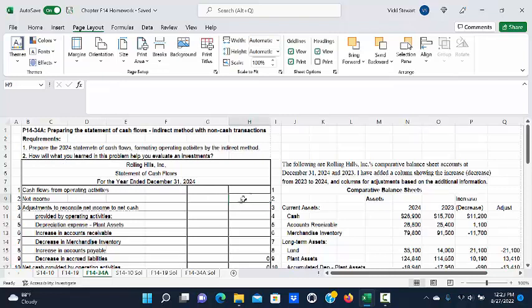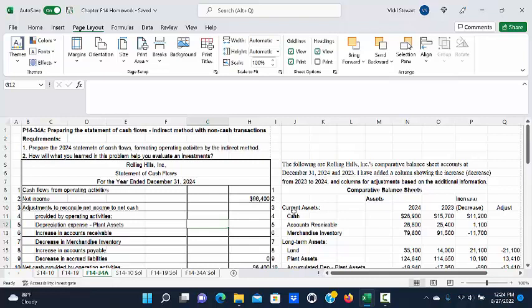So to use the indirect method, in the operating activities section, we will start out with net income, which the income statement gave us, of $96,400.